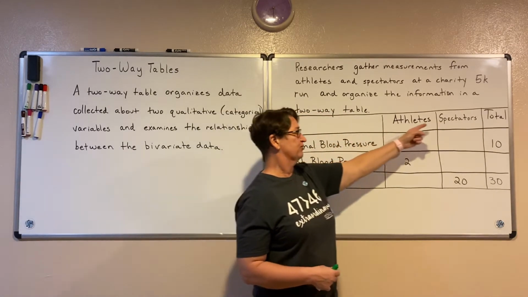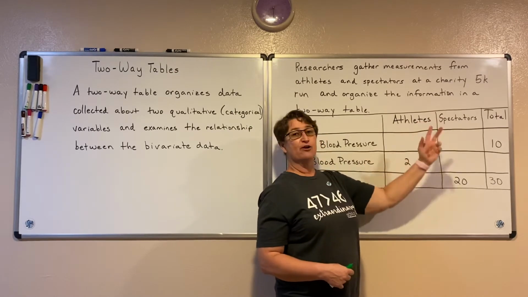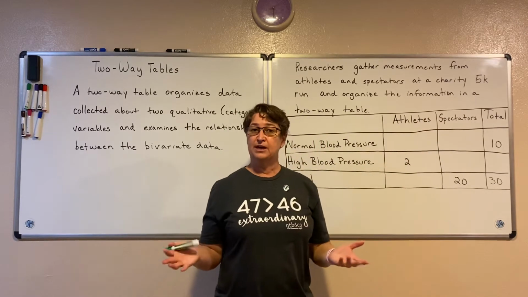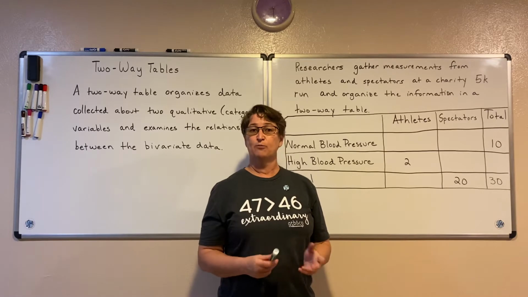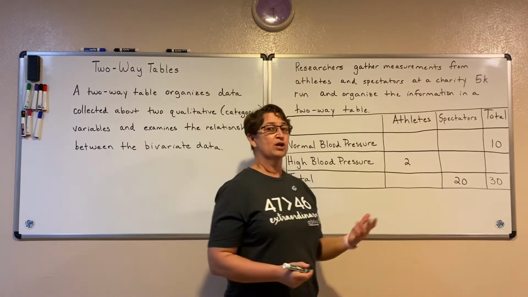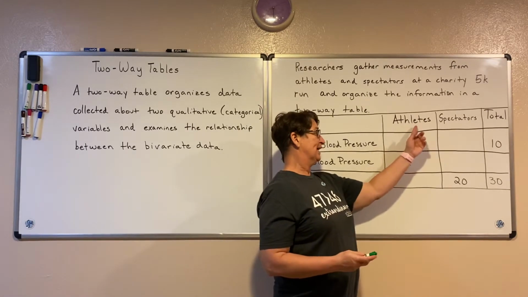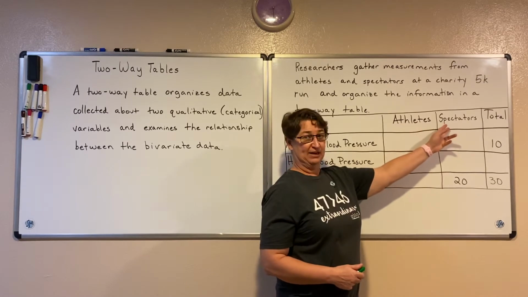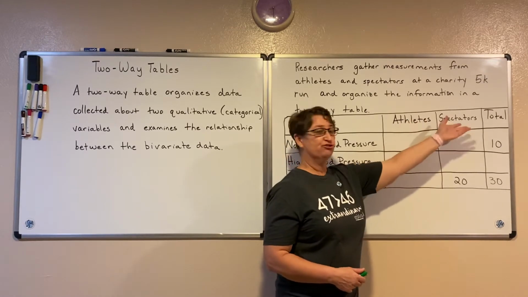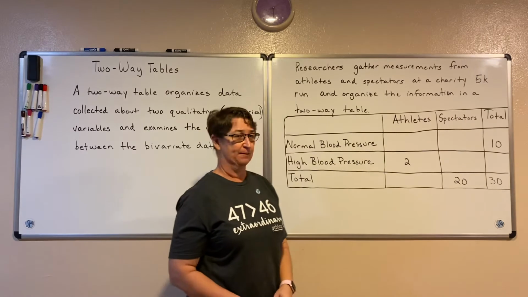Here along the top, our variable is what is the position of a person at the 5K, and those people would either be athletes or spectators. So this is the position that they held at the 5K.